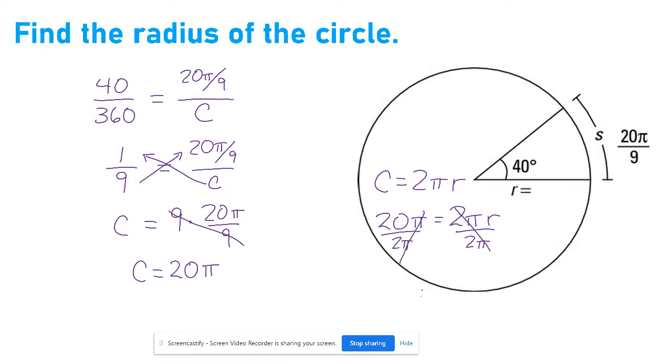The pi's cancel out, I get 10 for my radius. So my radius is 10. So again, it's just a proportion. It's just cross multiplying, things you've done before, and just using the circumference formula. Again, that's something you learned a while back. It's just a matter of putting it all together with stuff we're doing now.